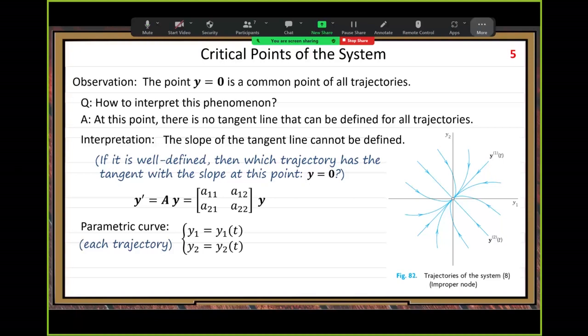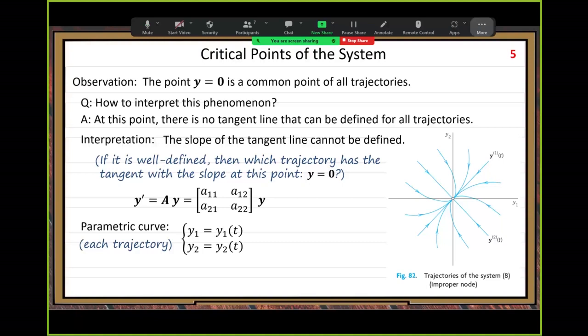Now, we want to calculate the slope of this parametric curve at t. Do you know how to calculate the slope of the trajectory at the point t? Think about that.